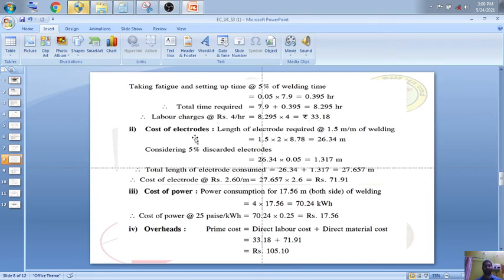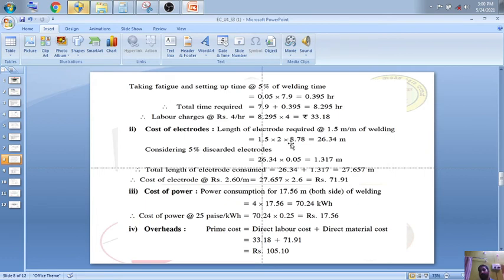Next, the cost of the electrode is given lengthwise, that is 1.5 meter per meter of welding. That means if you weld for 1 meter, we require 1.5 meter of electrode. So our welding length is 2 times 8.78, one time for outside and one time for inside.